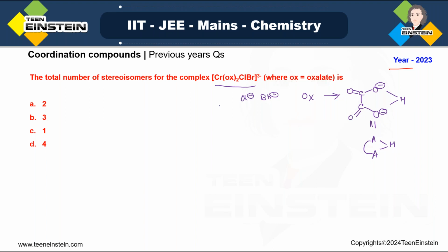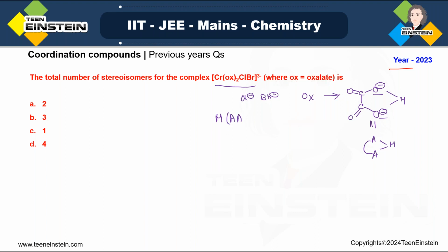That means if I write the formula for this complex in a general way, because if you consider the general formula, you can apply the same type of question for other complexes also. Here we have this type of bidentate ligand, which is ox, and that is symmetric because both sides of the binding site are similar. It is not that on one side there is oxygen and on the other side a different atom. Both sides are similar, so it is a symmetrical bidentate.